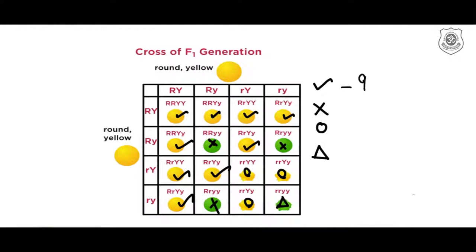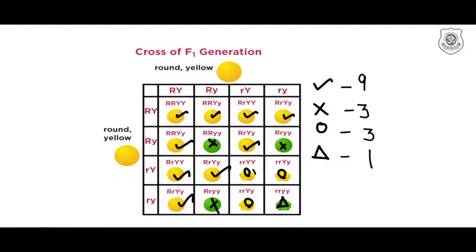Nine of the offsprings are round yellow. Now could you count how many fall under this X? 1, 2, 3. The circle? 1, 2, 3. Triangle? 1.